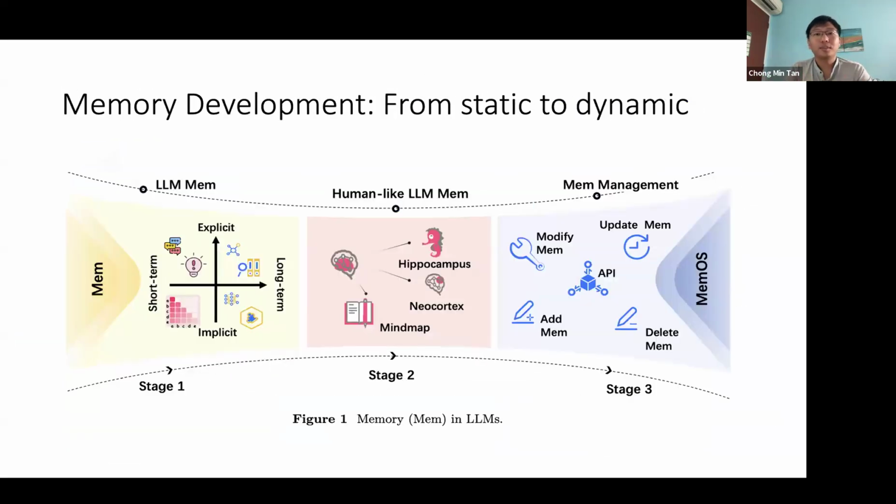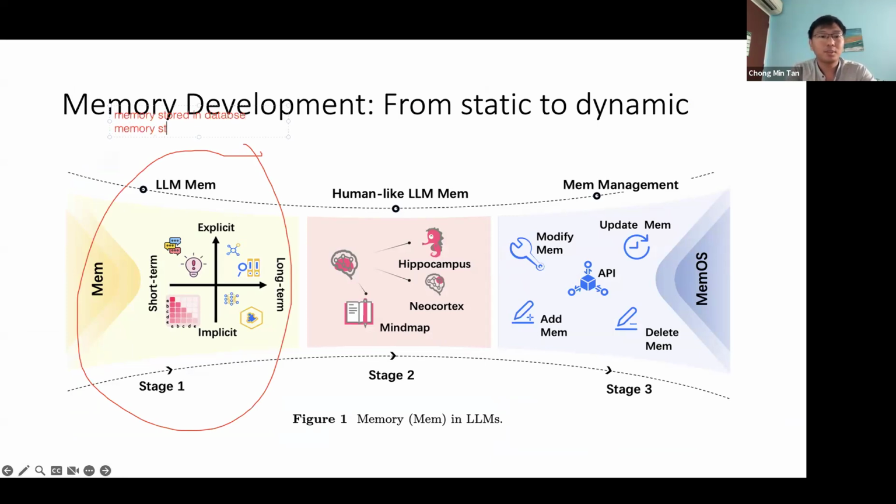Going back to how memory would evolve. We go back to one of the earlier slides, and you can see that right now we are at stage 1. Some people have moved to stage 3 already, but most of us are at stage 1. You have memory stored in a database and memory stored in the model.